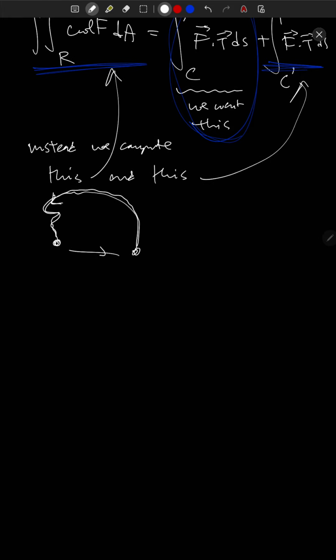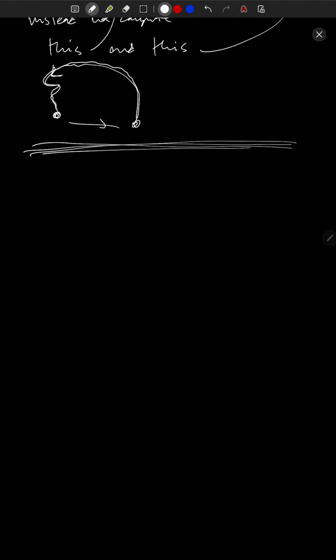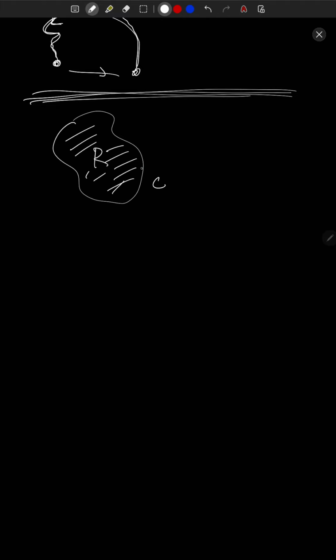Okay. So let me do one more application. This is kind of a neat trick type of application. So notice this. Let's say I have a region like this, with boundary C, and again, we're oriented like that.